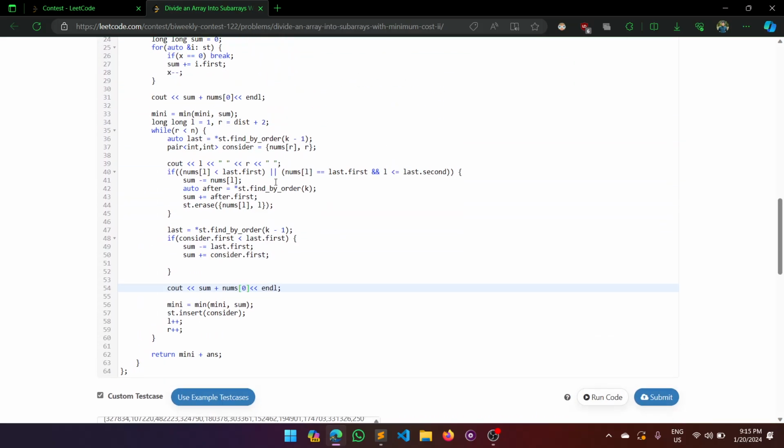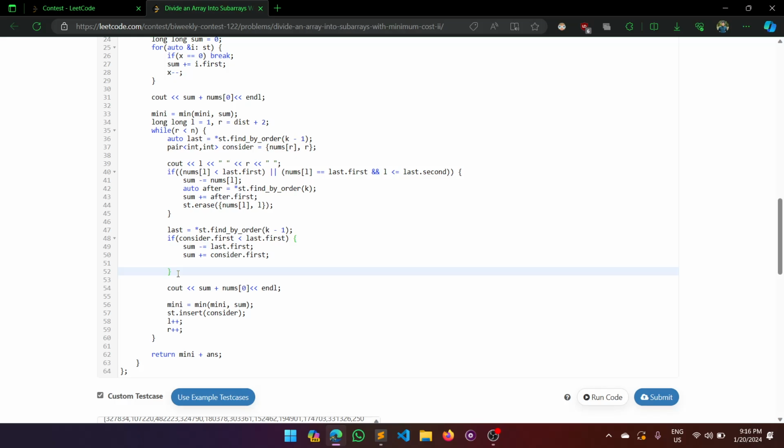Let's look at the code. Try to figure out what we are doing wrong. There are k elements. 0th is the first, k minus 1 is the last element that we have considered. And the number that we're going to remove somehow is a part of that.